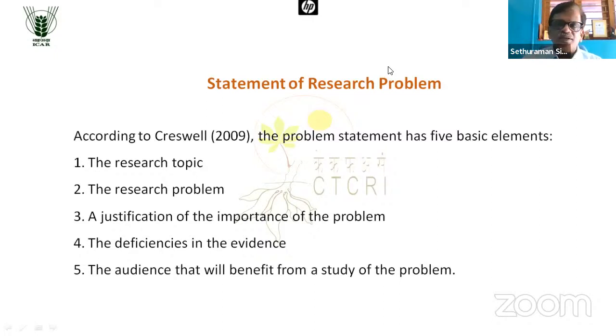For example, a pathologist will provide solutions for diseases, entomology for pests, and food technology will help us develop value-added products. So everybody is trying to address the field problems in some way.